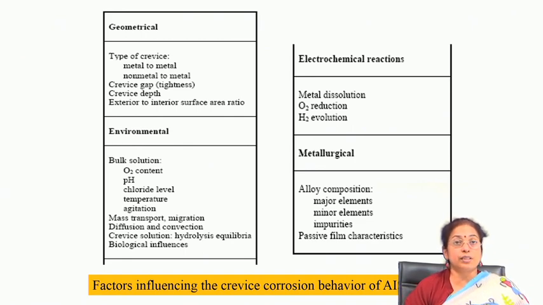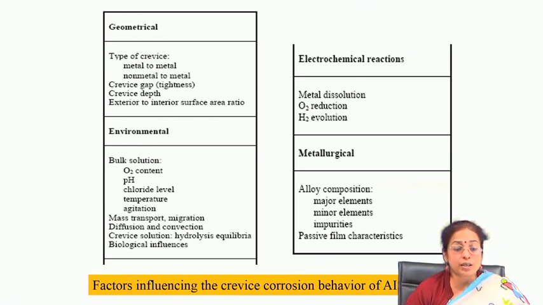If you compare these three cases, you will find that the minimum crevice attack will be in 316 stainless steel as compared to mild steel or 304 stainless steel, because there is a stable oxide formation which is highly stable. Even though there is differential aeration cell formation, it does not get deteriorated. Even if there is chloride in the environment, that chloride cannot bleach away the oxide layer which is forming on the surface.